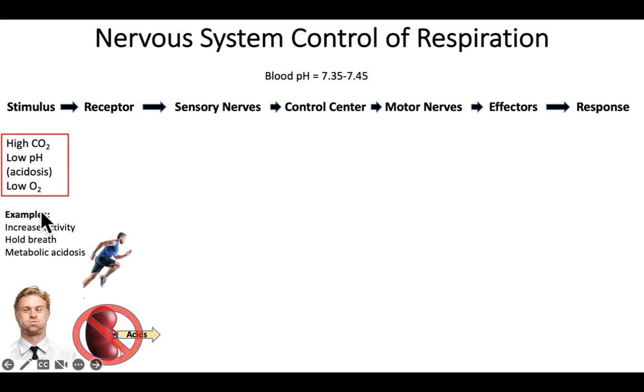Well, there's a number of things. One, you just start increasing your activity, right? If you just stand up and start walking around more, or go outside and start running, you're going to have to produce more energy. So to do that, you're going to use up more oxygen. You're going to produce more carbon dioxide, and the pH is going to go down.